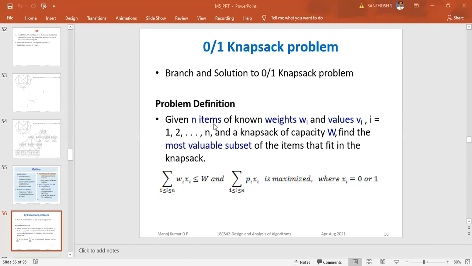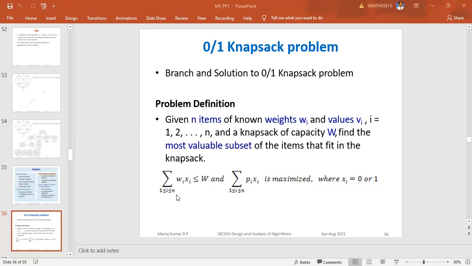So that means we have n items, each item of weight Wi with respective value Vi, and the knapsack of capacity W.